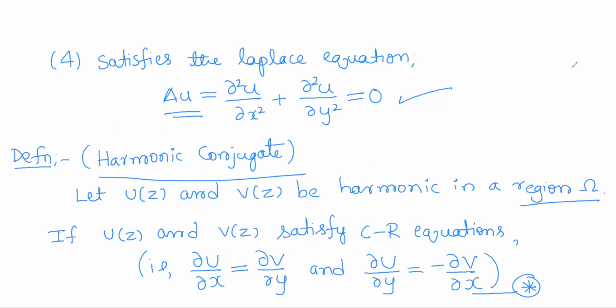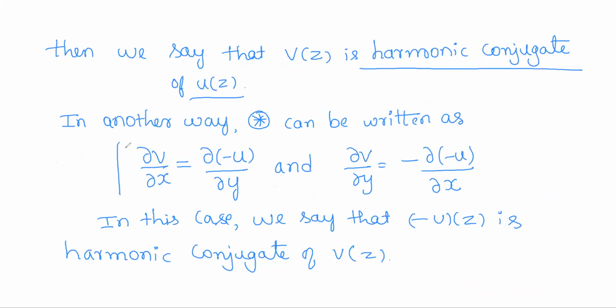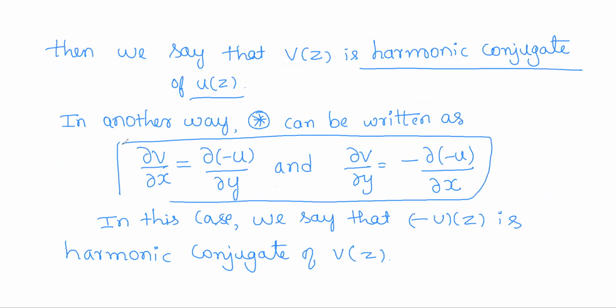So to define the notion of harmonic conjugate, we need two harmonic functions. So suppose u and v are two harmonic functions satisfying CR equations like this: ∂u/∂x equals ∂v/∂y, ∂u/∂y equals minus ∂v/∂x. Then we'll say v is harmonic conjugate of u, or the same CR equations can be written in this way, right?